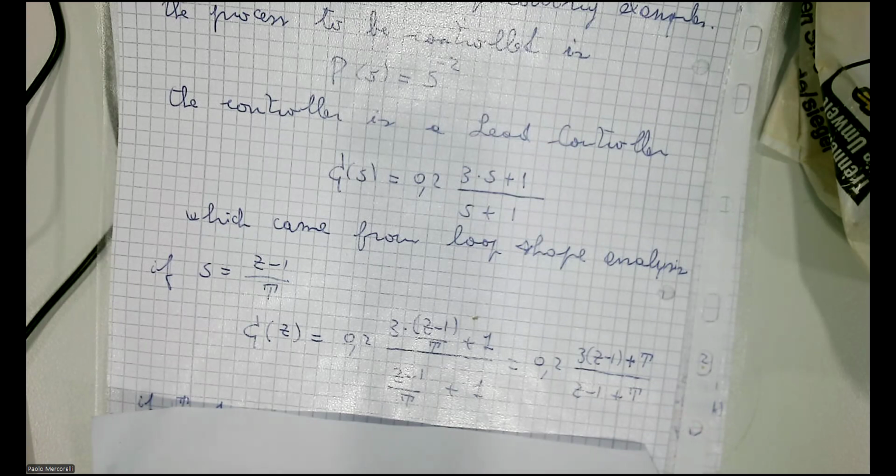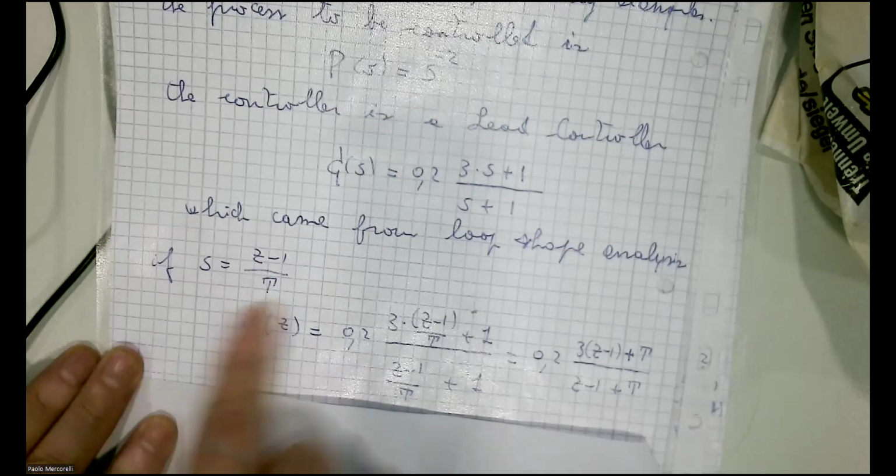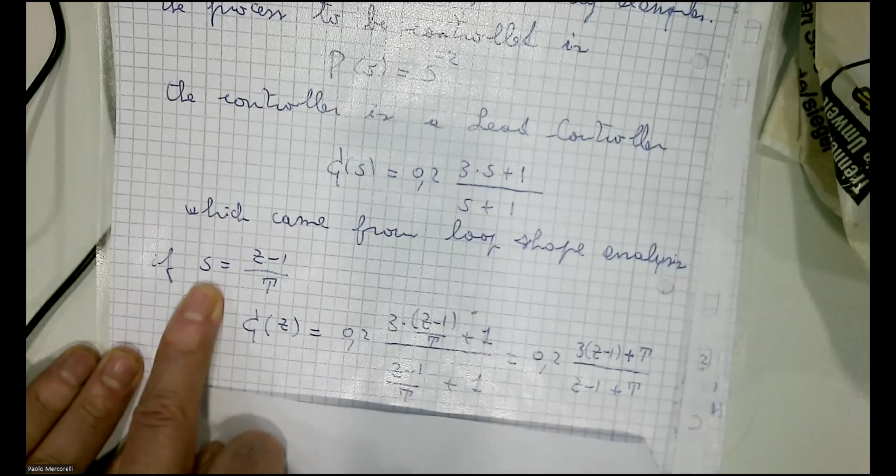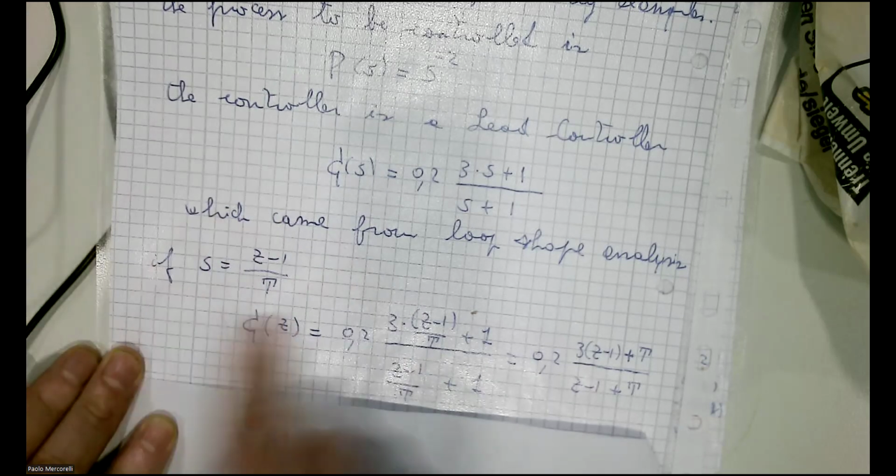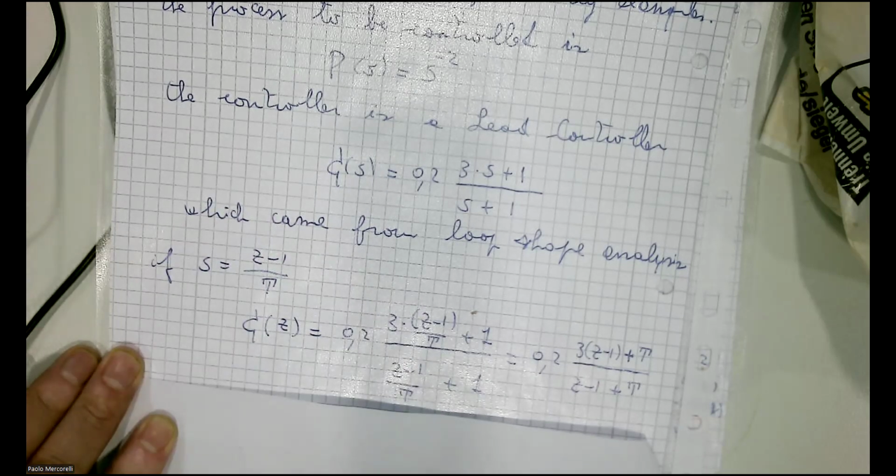We will see that z has also another meaning, a very deep mathematical meaning, related to s, which is a complex variable. But let me tell you about this aspect later.